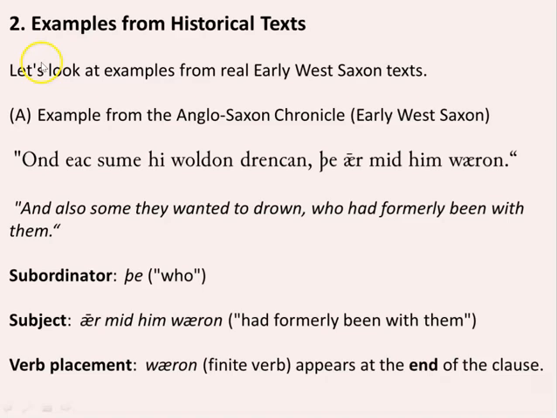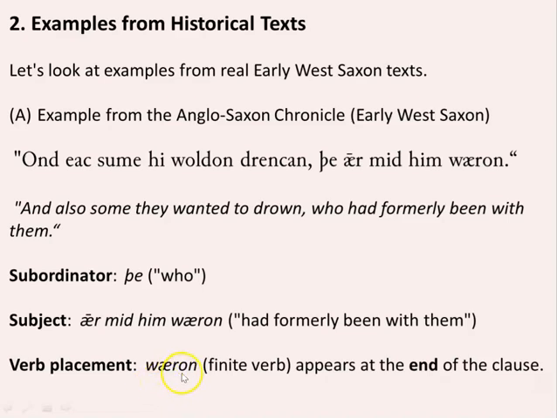Examples from historical texts. Let's look at a couple of examples from early West Saxon texts. For instance, this one from the Anglo-Saxon Chronicle: Und ek summe hi walden de renken there are mid him waren. And also some they wanted to drown who had formerly been with them. The subordinator here is there, who. The subject is are mid him waren, had formerly been with them.